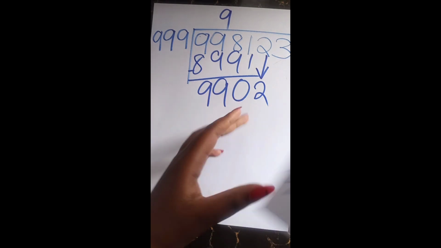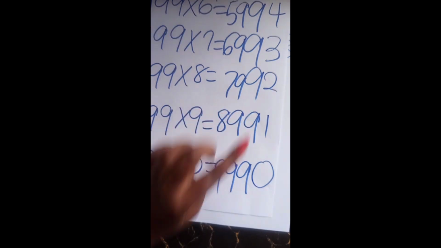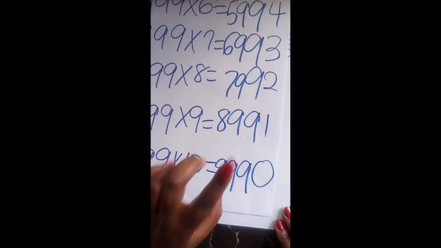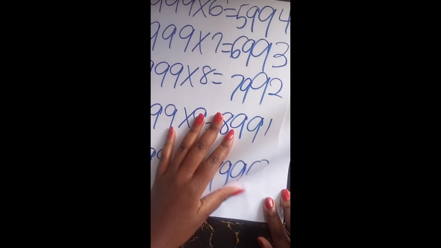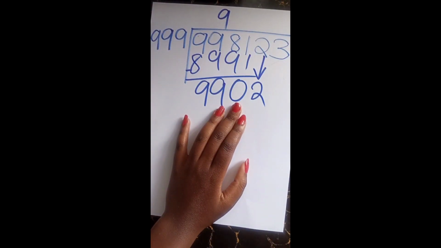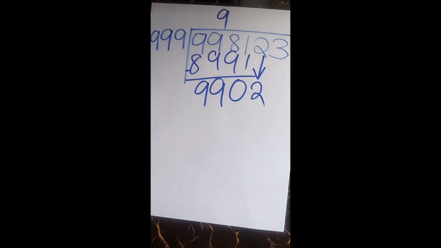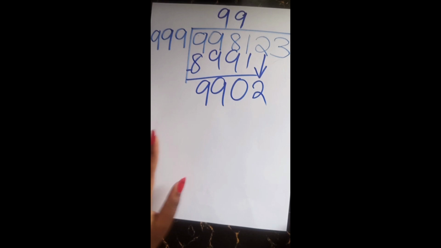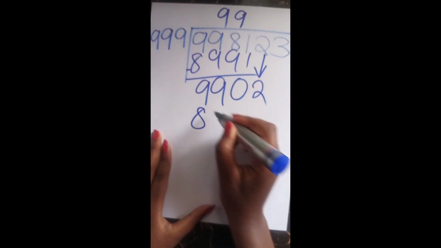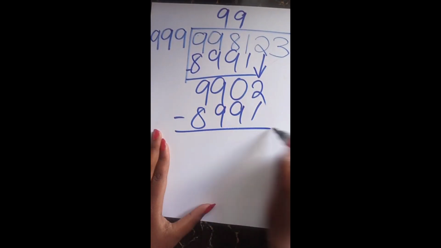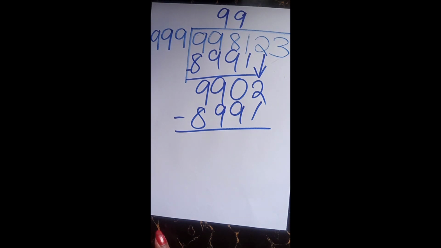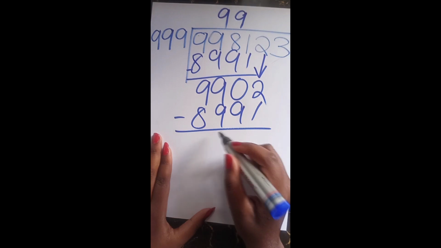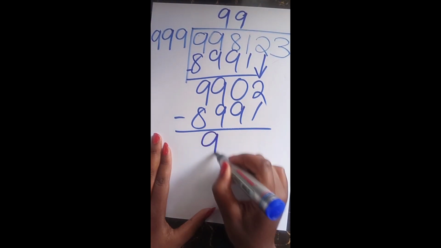This number is in between this and this, so you'll go with this because this is less than this. So I should also write a 9 here because as you've seen, 9 times 999 is this number here. When you subtract this, you're supposed to get 911.